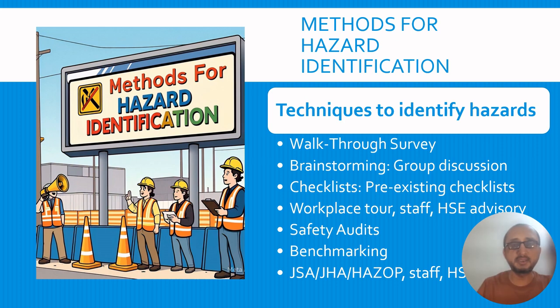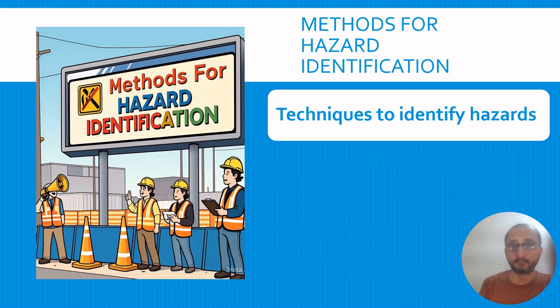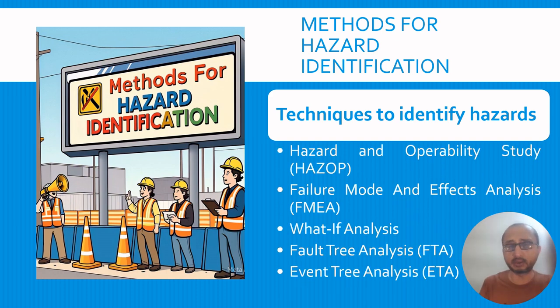Then there are other structured techniques like JSA, JHA, hazard and so on. Now let's discuss them. In more sophisticated and better structured approaches, here comes hazard and operability study, we call it HAZOP. This is basically where your experts sit together, they analyze your system or process, and they identify the potential circumstances or conditions under which your process may deviate from the intended operation, and they identify the potential impacts or consequences.